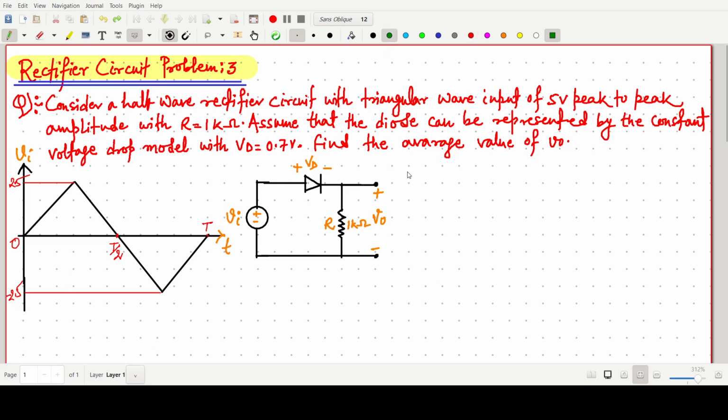In such a question, first of all, we have to find the output waveform, then we will find the average value of the output voltage.